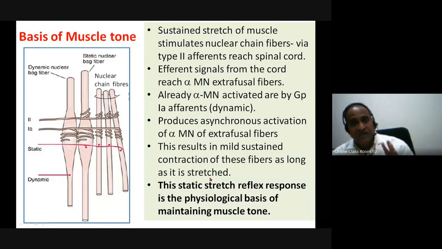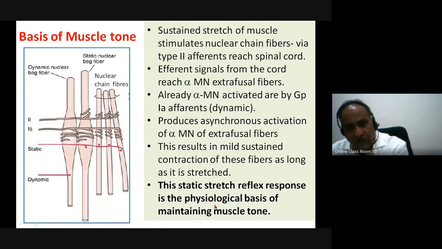That is what muscle tone is. This static stretch reflex response is the physiological basis of maintaining a muscle tone. The static stretch reflex response generated by the nuclear chain fibers is the basis for the muscle tone.